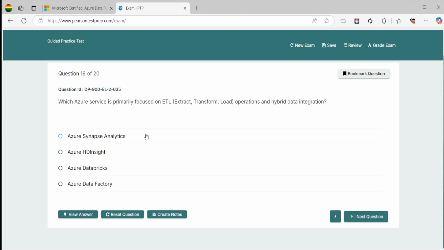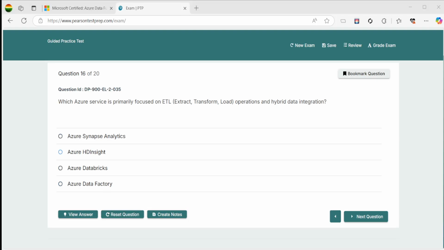Question 16. Which Azure service is primarily focused on ETL, extract, transform, load, operations, and hybrid data integration? Azure Synapse Analytics, Azure HDInsight, Azure Databricks, or Azure Data Factory?